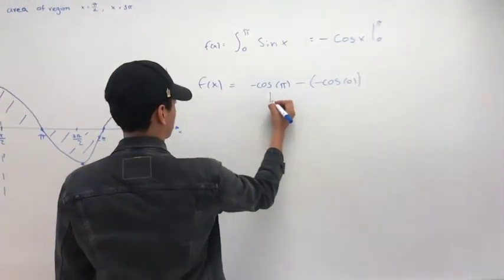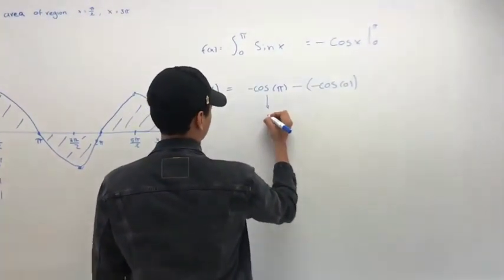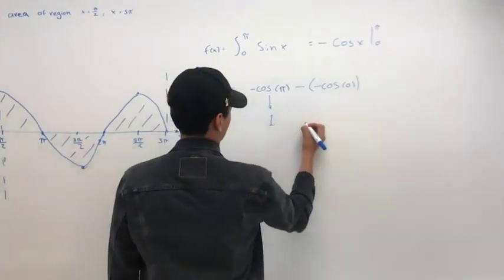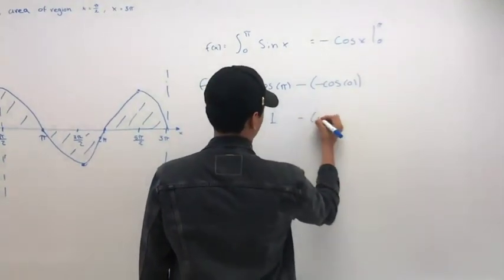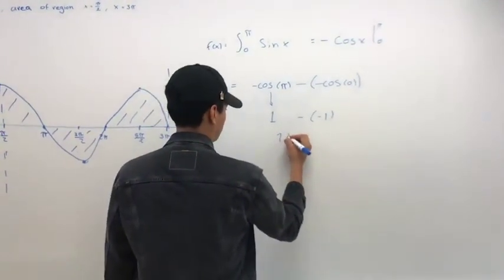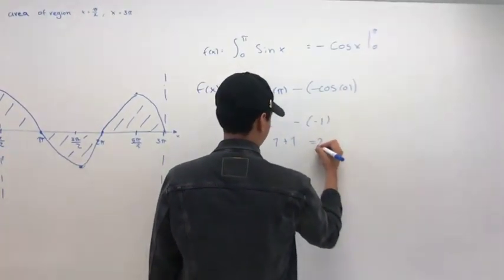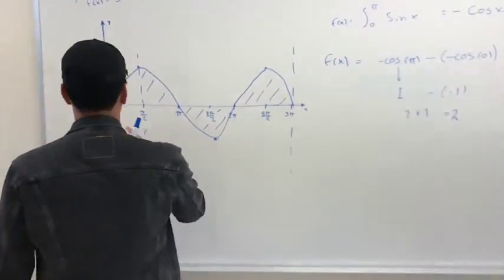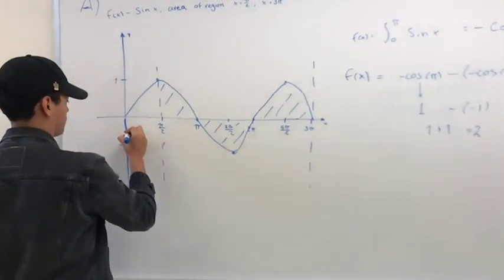And so this is equal to 1 minus minus 1, and this becomes positive, so it's 1 plus 1, and it's equal to 2. So the area from 0 to pi is equal to 2.